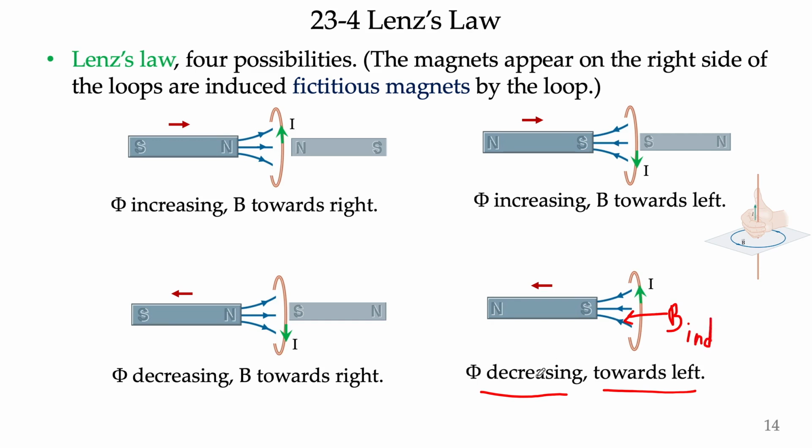It will try to increase the flux, and again, use the second right-hand rule, and you will find the current should be in the up direction. So these are the four possibilities of Lenz's law.